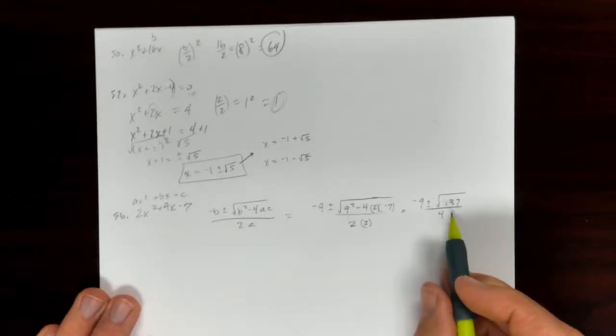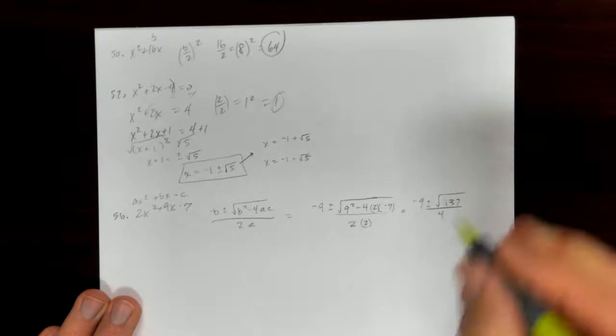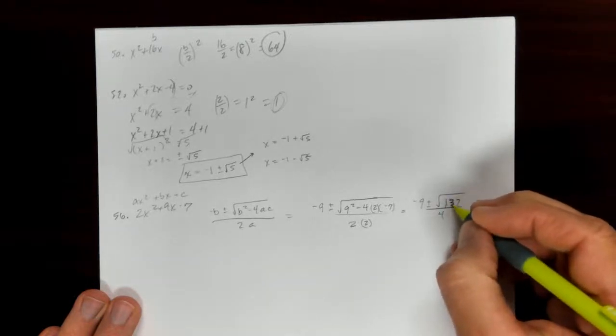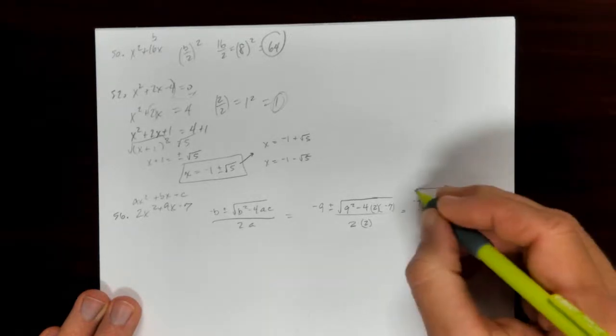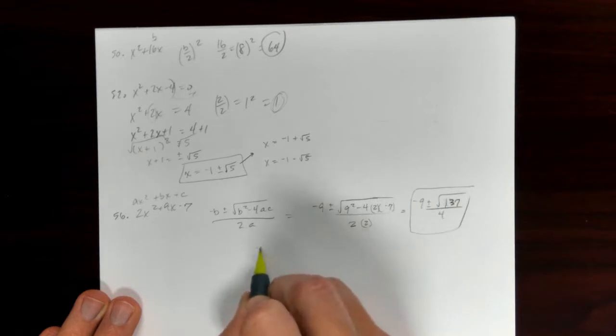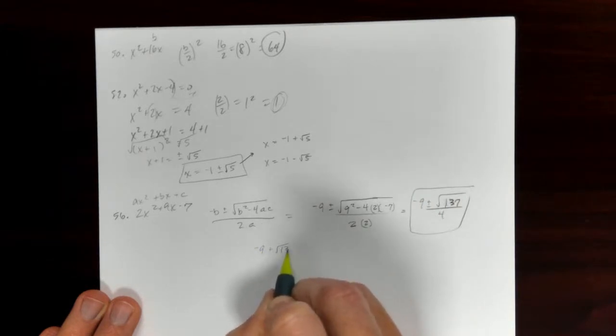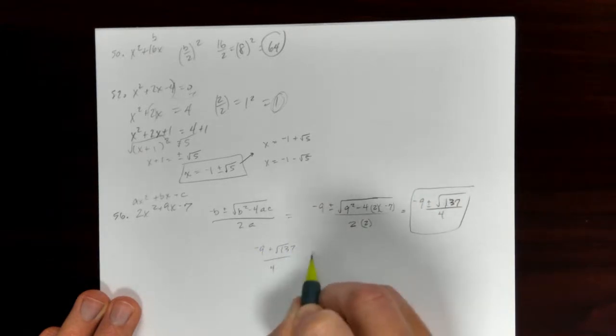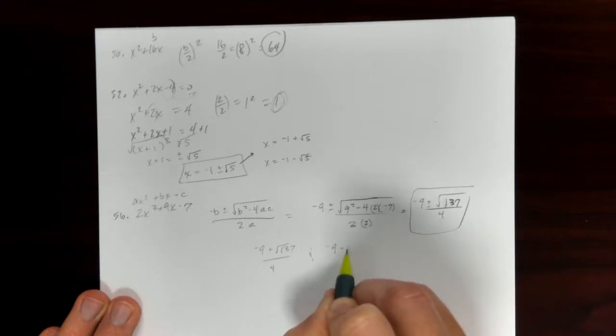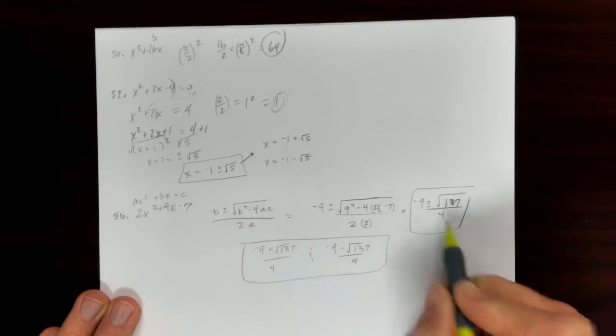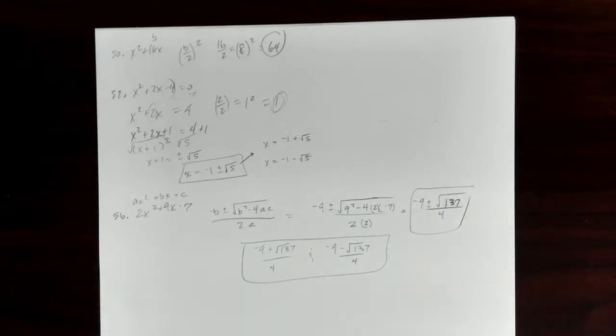Positive 137. Okay, I'm not about to break that down because it is not reducible. So that is my answer. Now I can say that's negative 9 plus the square root of 137 over 4 and negative 9 minus the square root of 137 over 4. Don't forget you have two different solutions there. That plus or minus means you have two different solutions.